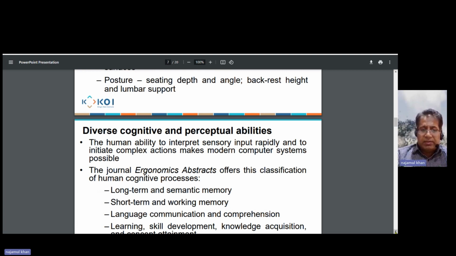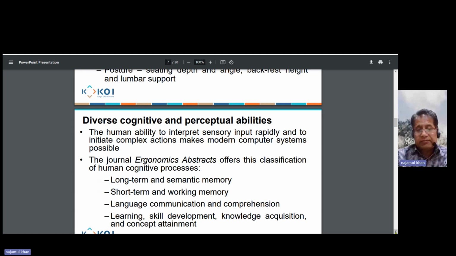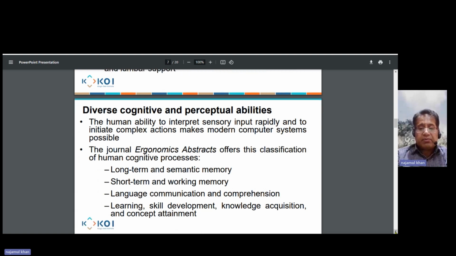So here the keyword is the Journal of Ergonomics Abstracts. Ergonomics means the office furniture which is designed to ensure that the workers are not getting back pain, neck pain, leg pain, wrist pain, or shoulder pain. There are a lot of things actually happening to ensure that the furniture design is up to the mark.